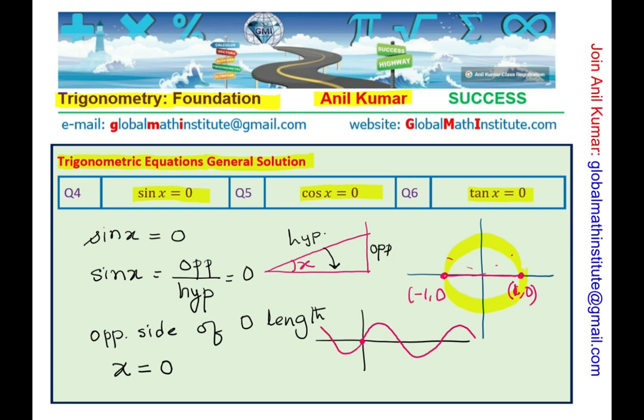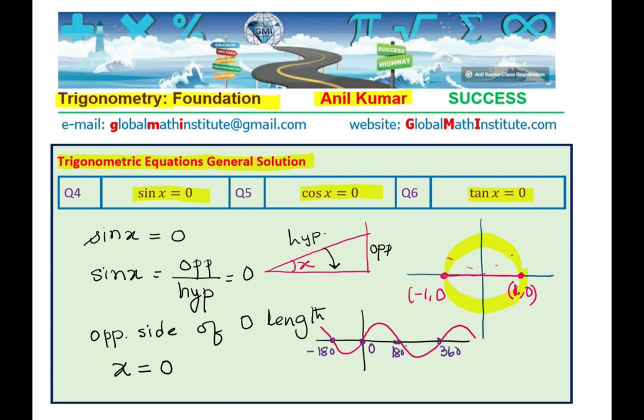Here also you could do it on the left hand side. You can see that it is 0 for theta equals to 0, theta equals to 180 degrees, and also 360 degrees, right? And so on. So what you notice is it is 0 for every multiple of 180, even minus 180. So the general solution should include all these points.